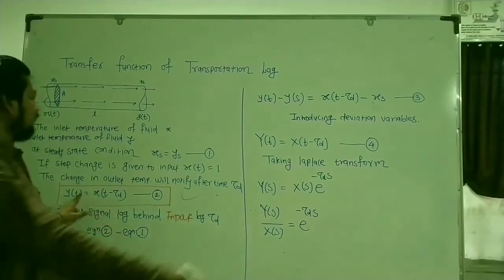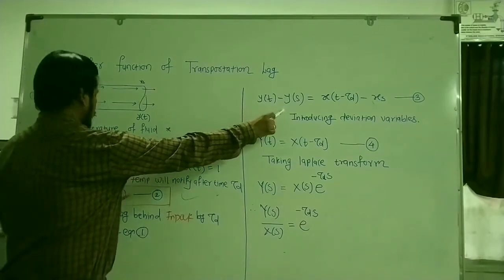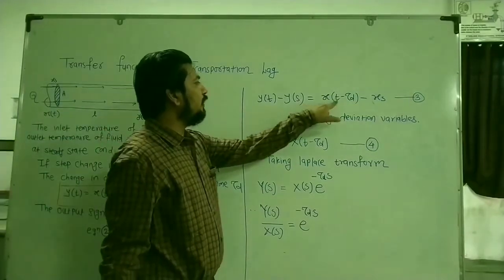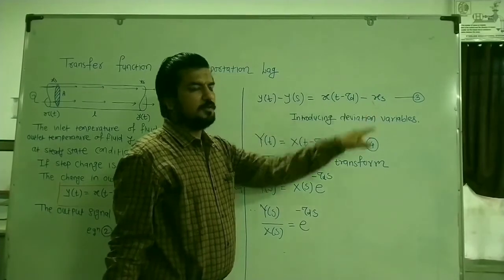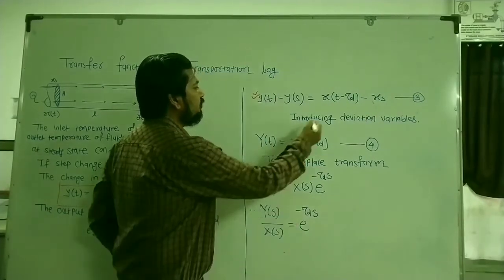So what do I get here? I get y of t minus y of s is equal to x of t minus tau d minus x of s. This is your equation number 3. Now introducing the deviation variable.